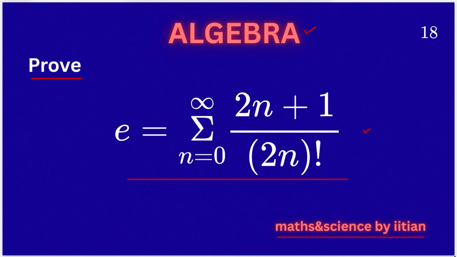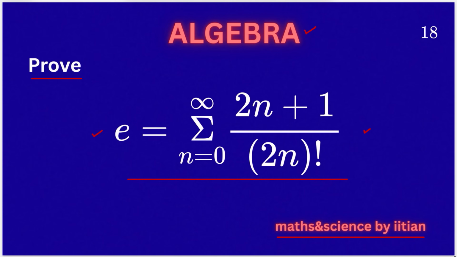Even though we know the basic equation for the value of E, how to manipulate that basic equation to convert it into the desired equation, so that you will not make any mistake in the question paper when alternatives are given, when a question is asked to represent or prove that E is equal to sigma n is equal to 0 to infinity of (2n plus 1) by factorial 2n.